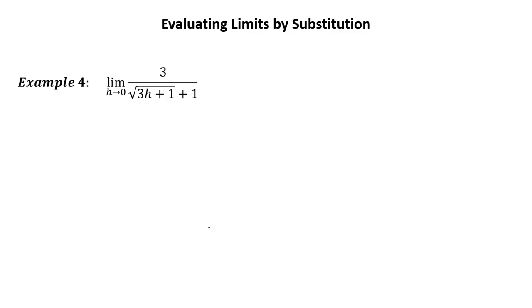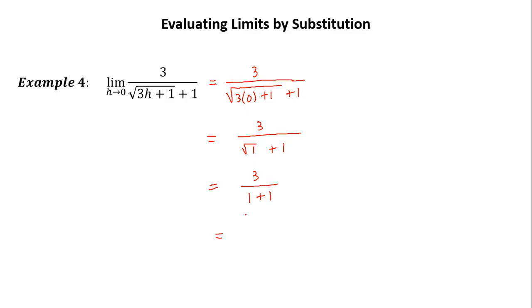So this one is just equal to 3 over the square root of 3 times 0 plus 1, which is equal to 3 over the square root of 1 plus 1, which is equal to 3 over 1 plus 1. And so the final answer is 3 over 2.